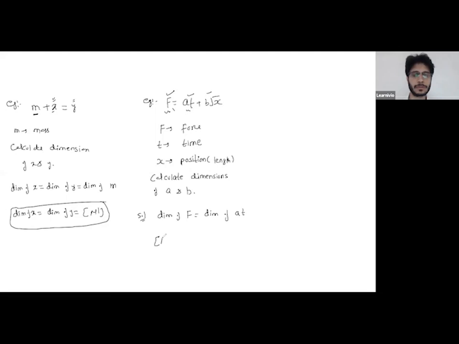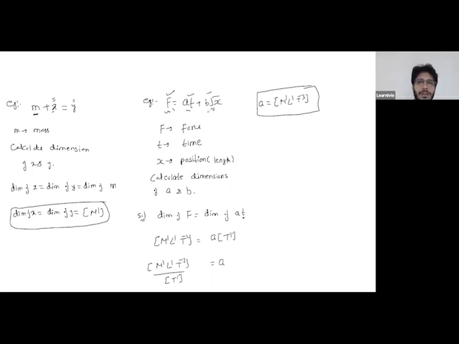Force: M1 L1 T minus 2. A is an unknown constant. What about t? T1. So from here you can calculate the dimensions of A, which are M1 L1 T minus 2 divided by T1. So dimensions of A are M1 L1 T minus 3.